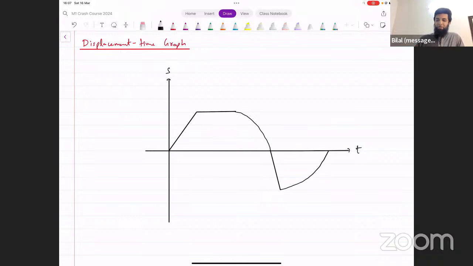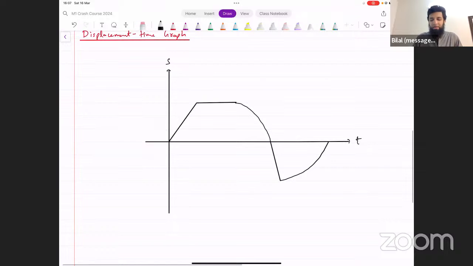Okay, so let's say we have a displacement time graph that looks like this. This is as complicated as it generally gets, as in we have curves in some parts, we have lines in some parts. Sometimes it does get a bit complicated, but mostly it's going to look something like this.